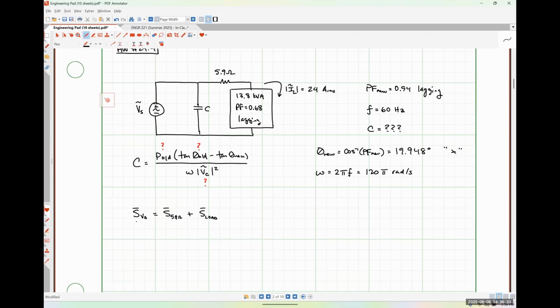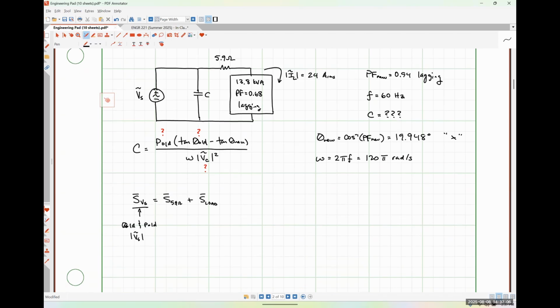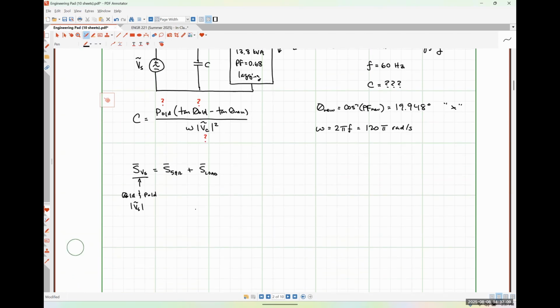And this complex power right here from our source is going to provide us with theta old and P old, and we'll also use it to get the magnitude of Vs as well. Okay. So anybody have any thoughts on how I might determine the complex power absorbed by my load?